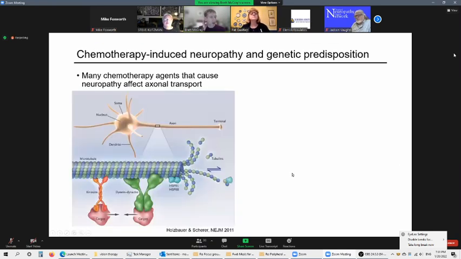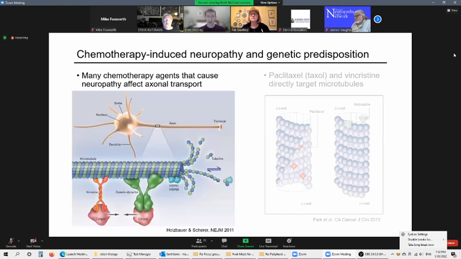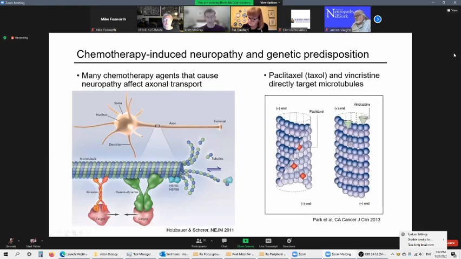So another aspect of chemotherapy-induced neuropathy. It's known that the chemotherapeutic agents that cause CIPN, chemotherapy-induced neuropathy, also affect these microtubule tracts. And so some of the agents that are really notorious for causing this kind of neuropathy, paclitaxel and vincristine, directly bind to these microtubules and interfere with how they're functioning.